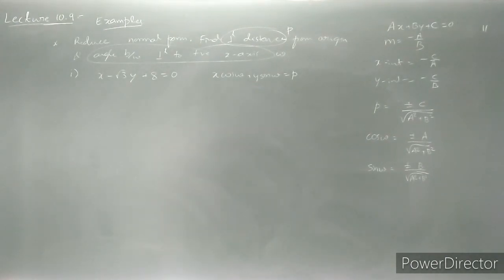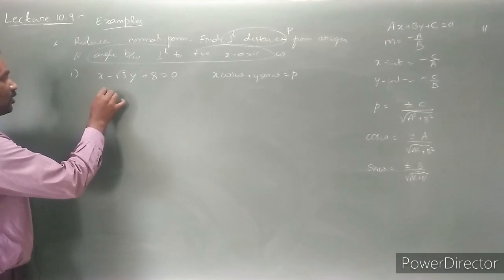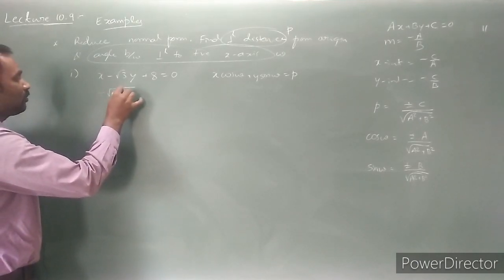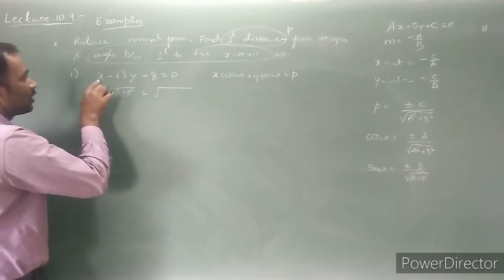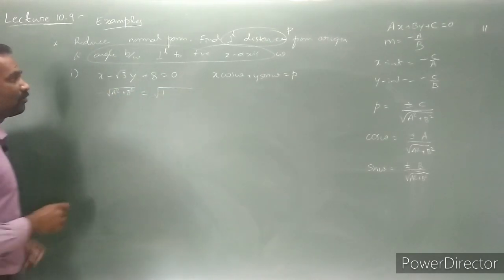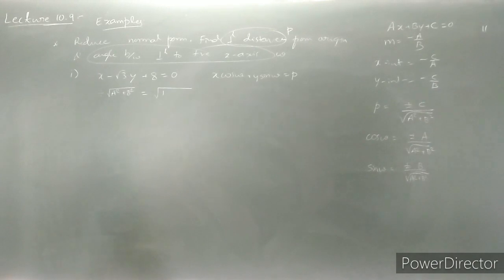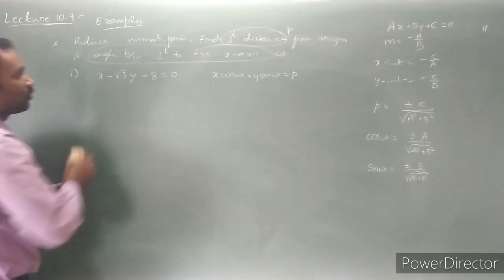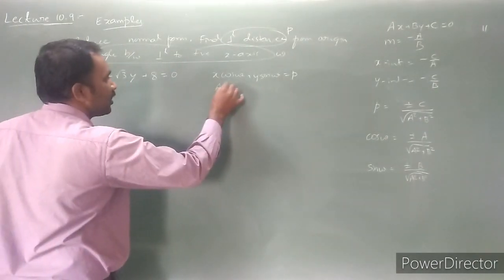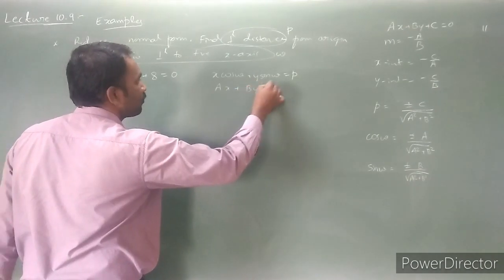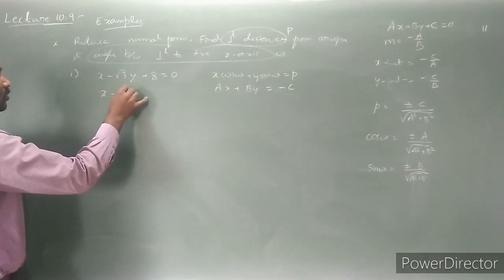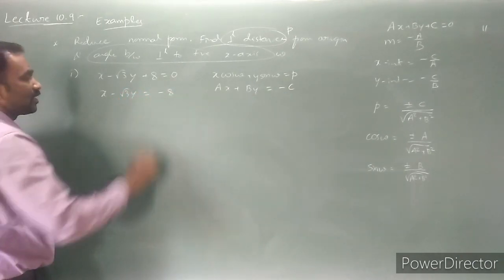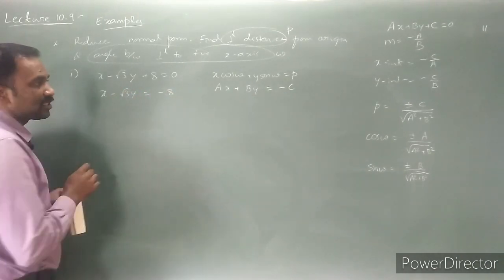Whenever we are reducing into the normal form, what do we do? Divide by root of a square plus b square. Before we divide, first write it in the form ax plus by is equal to minus a, that is, x minus root 3y is equal to minus a.